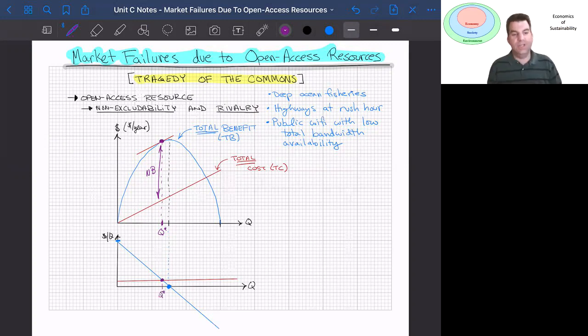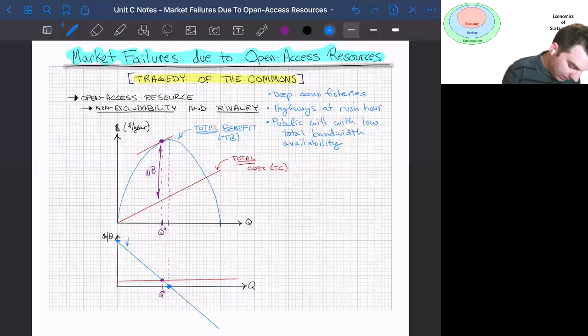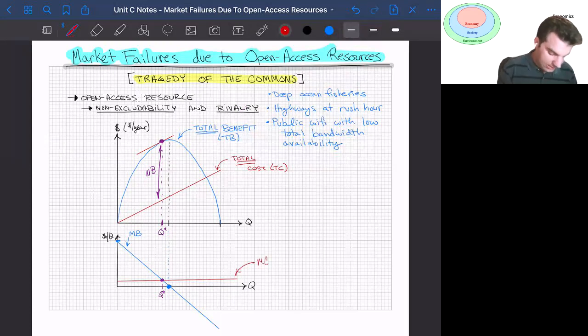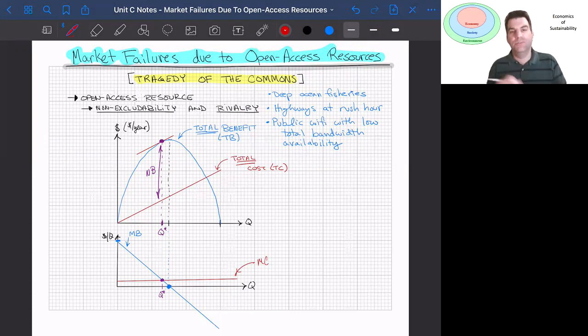And so I can then put this thing here. So if I would have started with the marginal cost curve, I'll label these curves for you. So this here is the marginal benefit curve, and this down here is the marginal cost curve, and it's constant. And so for a private good, the marginal benefit curve is going to be my demand.